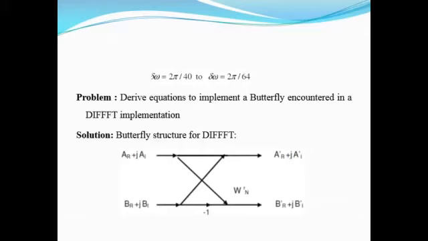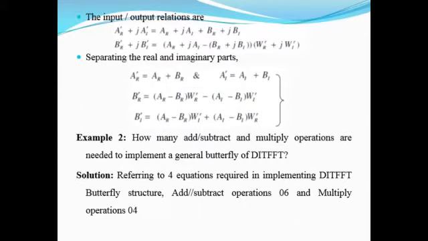Then derive the equations to implement a butterfly encountered in a DIF FFT implementation. So this is the butterfly structure for a DIF FFT implementation. We have already gone through this particular equation from a signal flow graph earlier, which is a butterfly structure. Using the input-output relations of the signal flow graph, we get this equation indicating the real and imaginary parts.